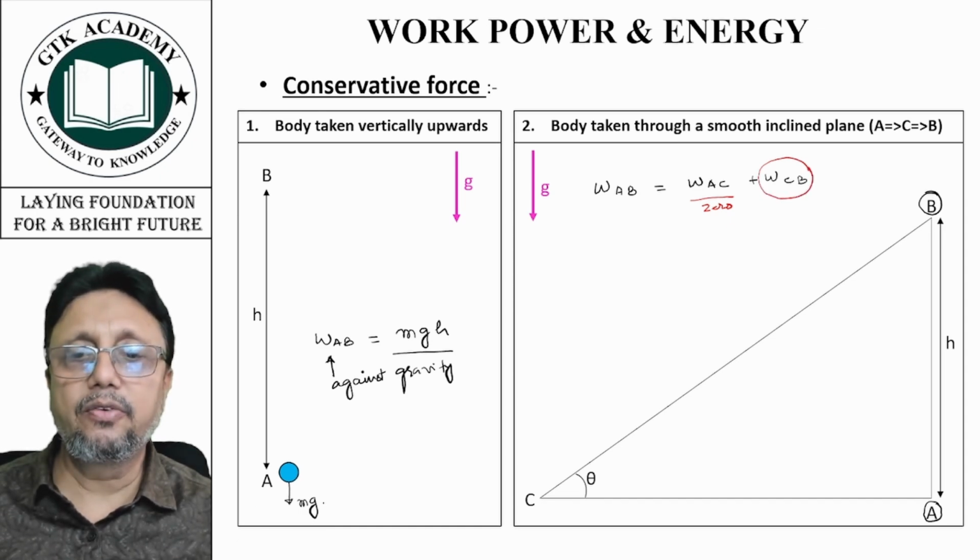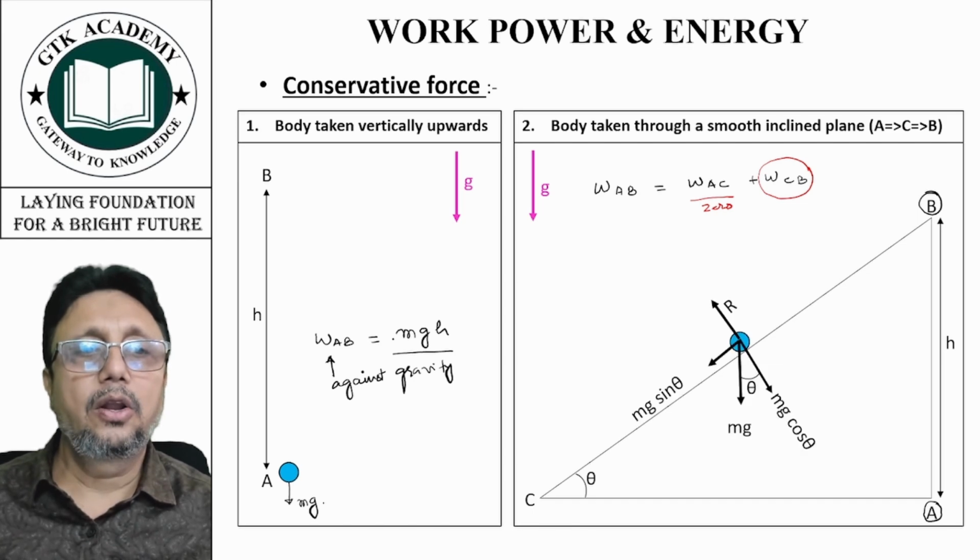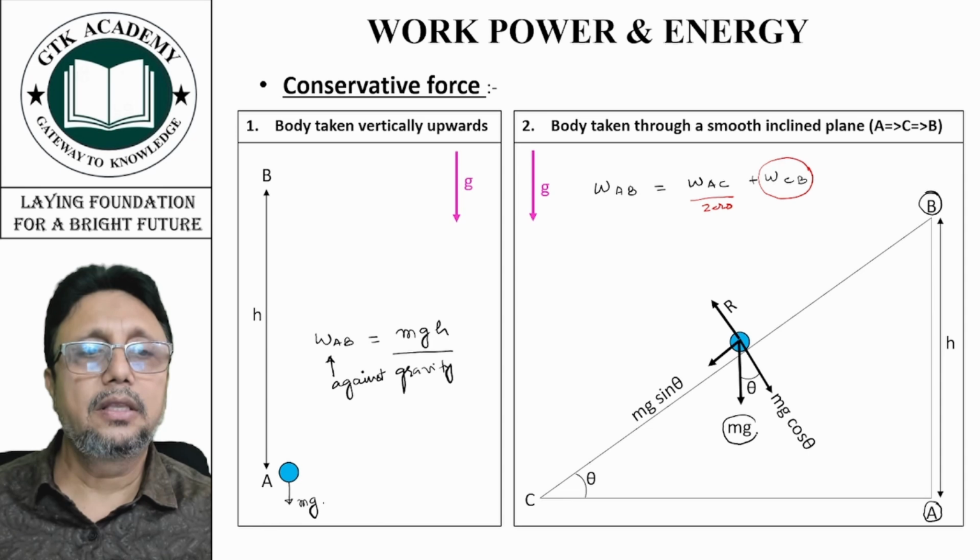Now let's see what the work done from C to B is. You know that mg, the gravity, acts downward, and this angle is also theta. So this is mg cos theta, and this is mg sin theta.